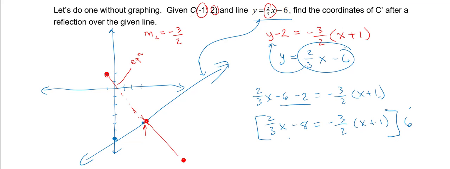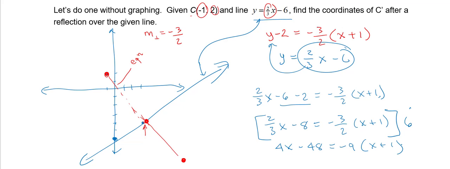And so now what I'm going to end up with, if I do that, is 4x minus 48 equals -9 times the quantity x plus 1.